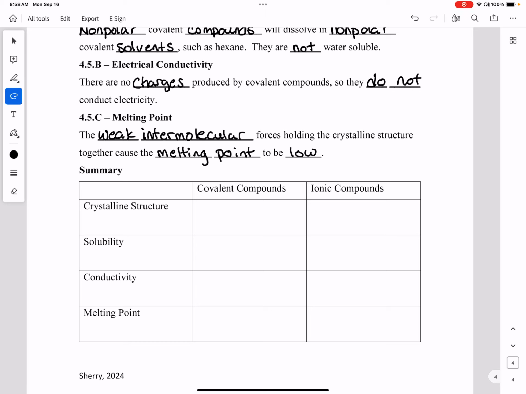Okay, so let's make a table to summarize this. The crystalline structure of a covalent compound is held together by intermolecular forces, which are weak, and ionic compounds are held together with ionic bonds, which are strong.